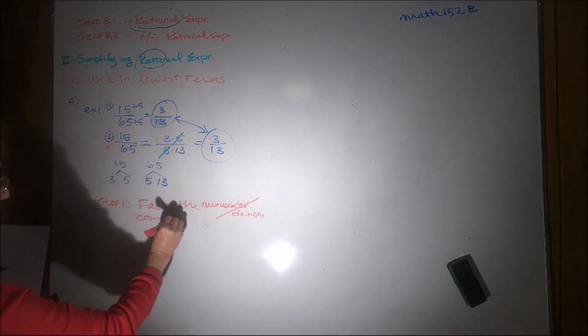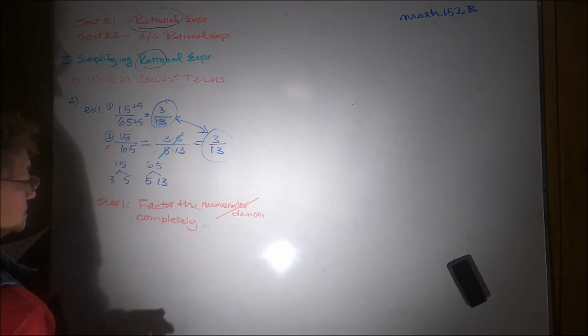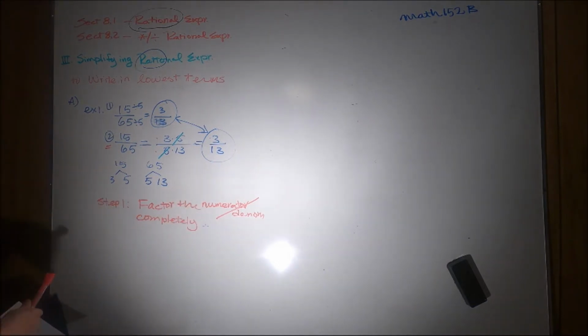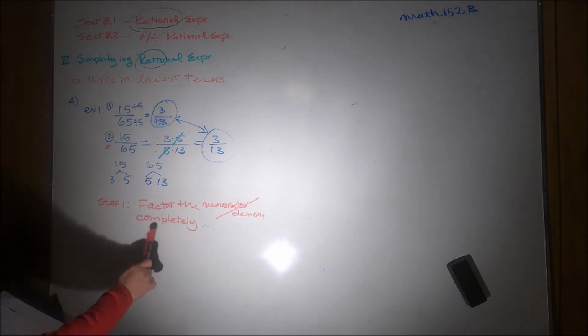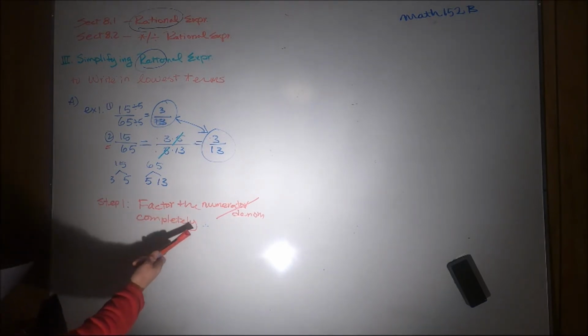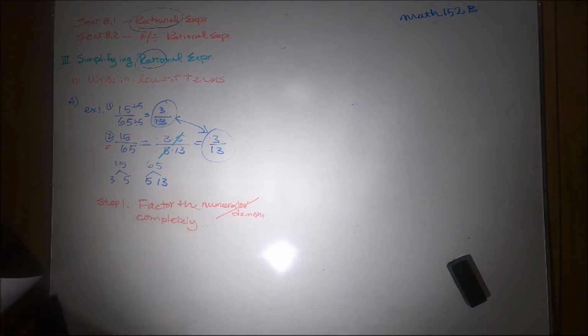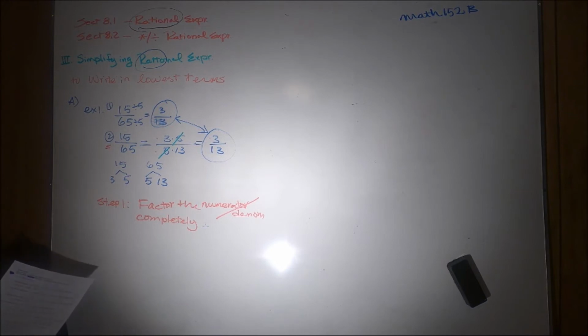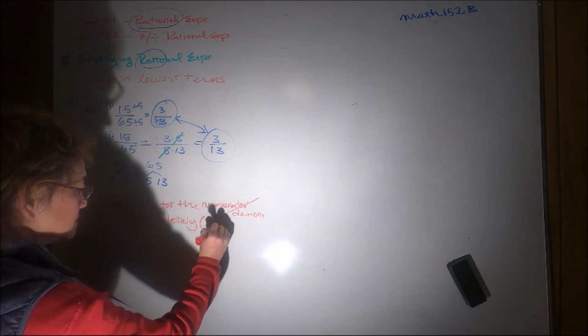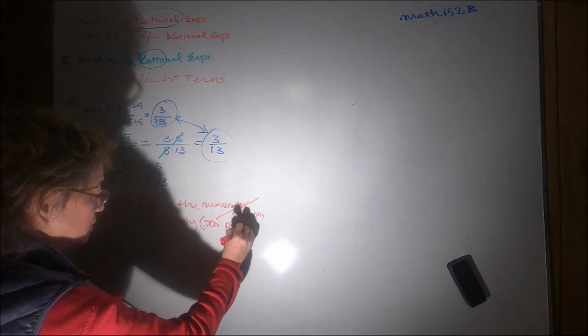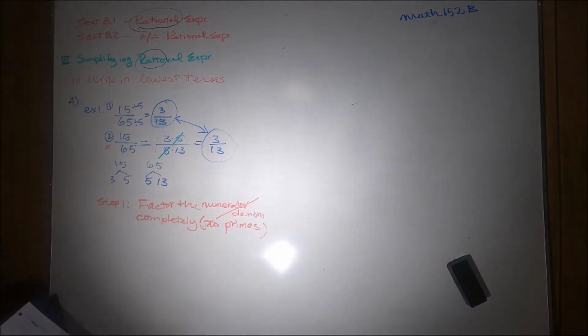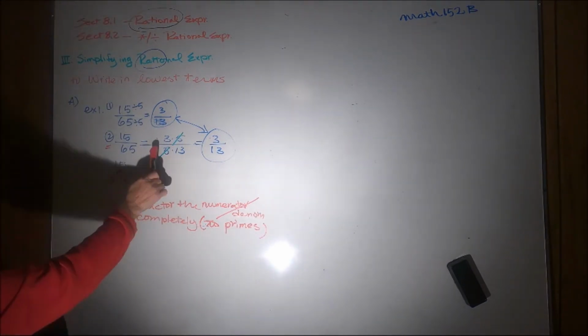What does completely mean? You know that, right? We did it from exam 1. We ask you, what does completely mean for factoring? It means what? To primes, right? To the little tiny parts, the smallest units.